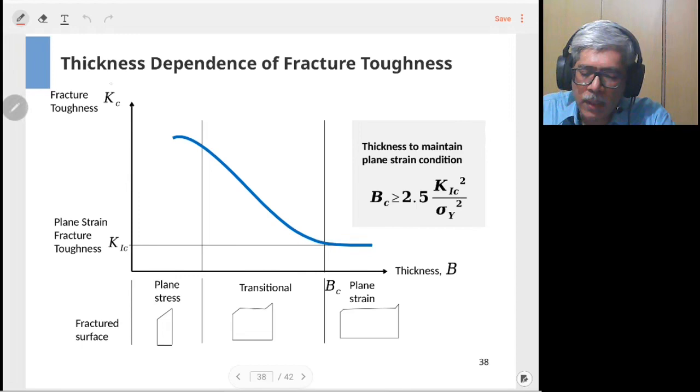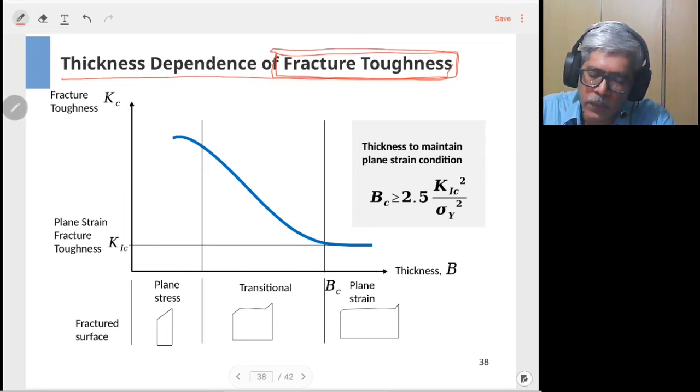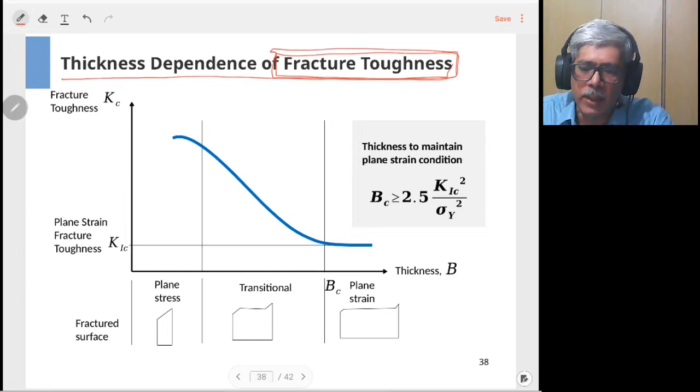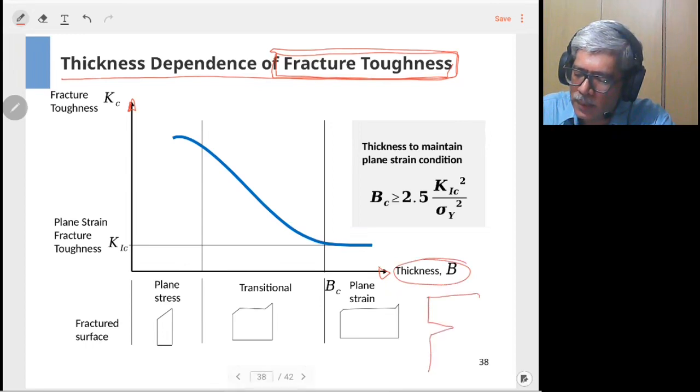Before we move into actual calculations related to fracture mechanics, one more thing to be noted is that the stress intensity factor we are comparing with the fracture toughness of the material. The fracture toughness of the material is experimentally obtained, and it is found that it is dependent on thickness. If you determine the fracture toughness and plot it with the thickness of the plate on the horizontal axis, consider a test specimen with, for example, a crack.